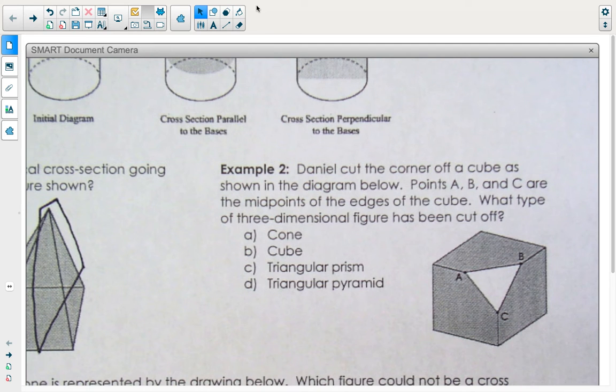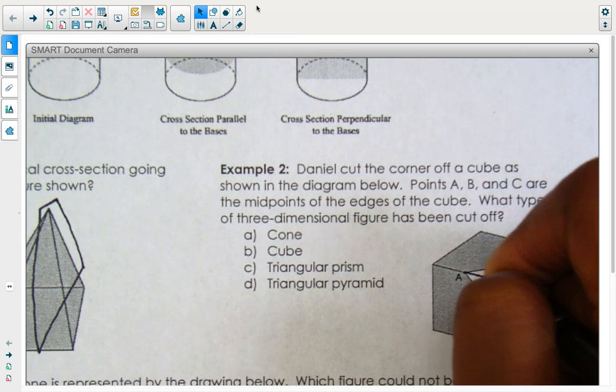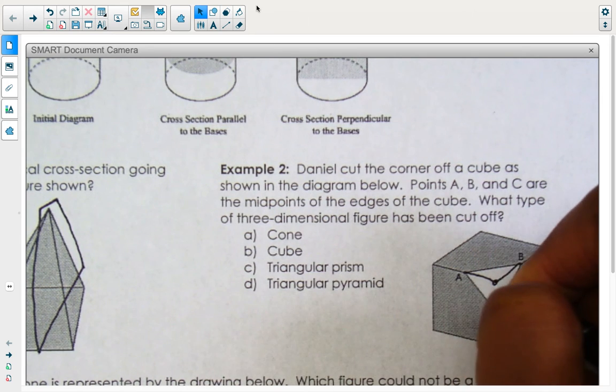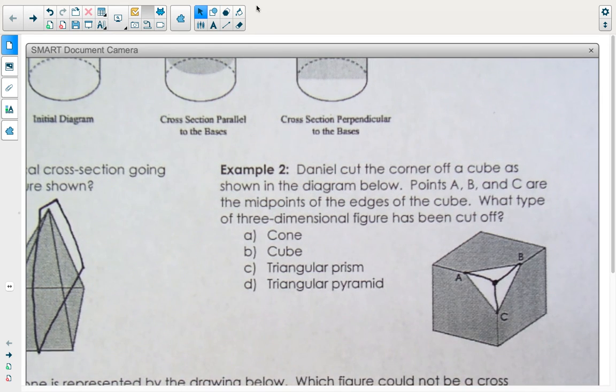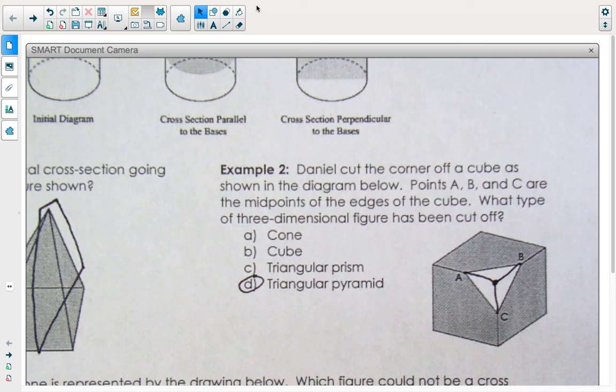So my options are a prism or a triangular pyramid. Since points A, B, and C are the midpoints of the edges of the cube, I can imagine them all leading up together like so. So this makes a triangular pyramid. So the answer is D. Lots of visuals in here. Again, watch those videos. I know I keep referring back to them, but they'll give you a visual of what we're doing here.